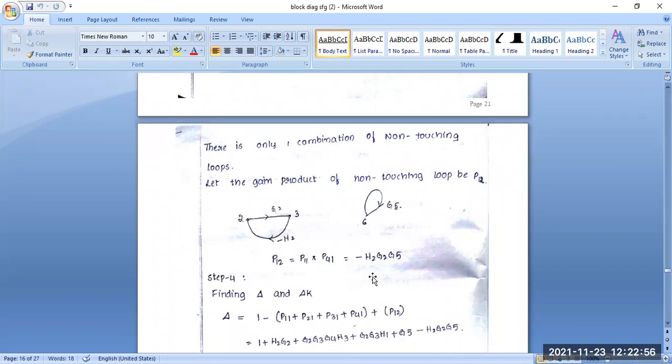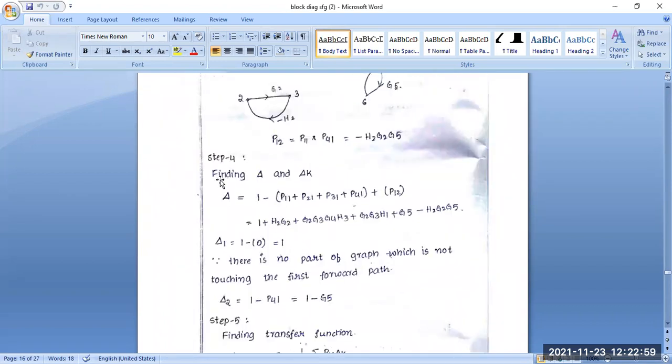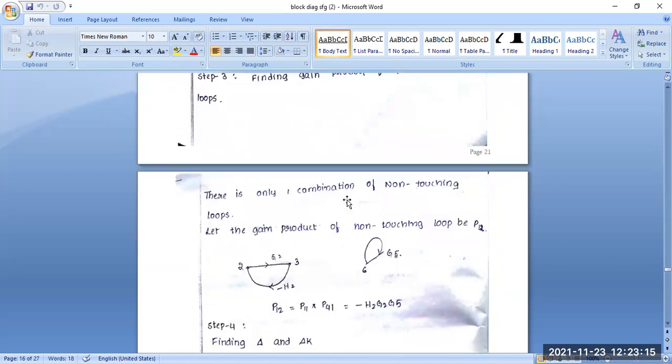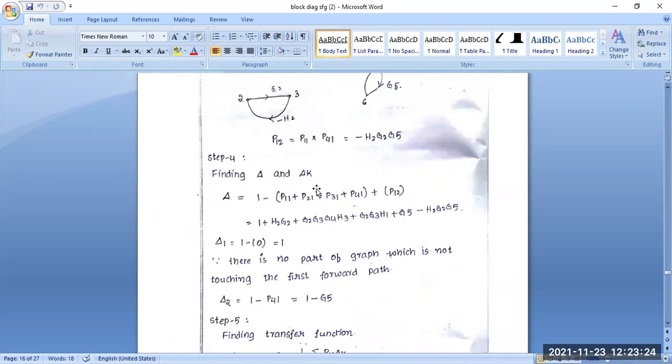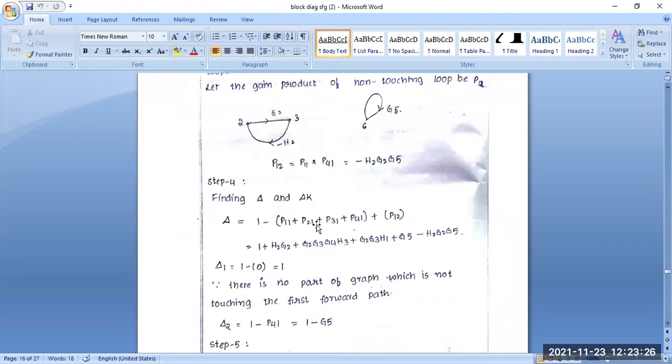Then step 4: you have to find the value of delta and also delta K. We have to know the formula: delta equals 1 minus the summation of the individual loops. The individual loops are P11, P21, P31, P41, so we write P11 plus P21 plus P31 plus P41.